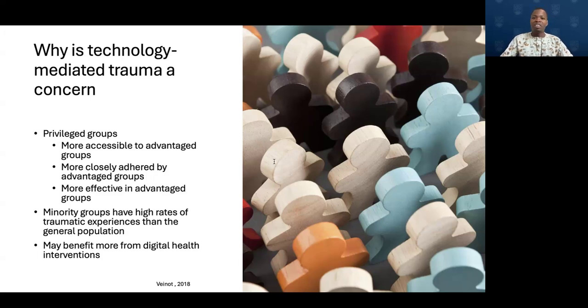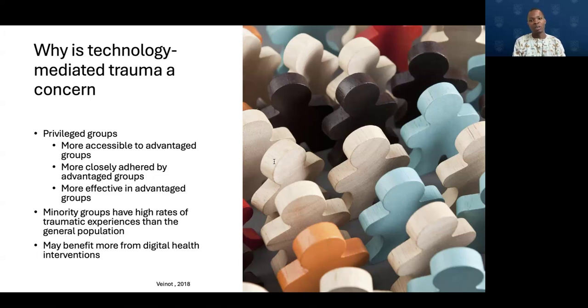Because available evidence suggests that digital health interventions are more accessible to advantaged groups, and they are almost always more effective among privileged populations. This means that digital health interventions may not be realizing their full potential among marginalized and underserved populations.